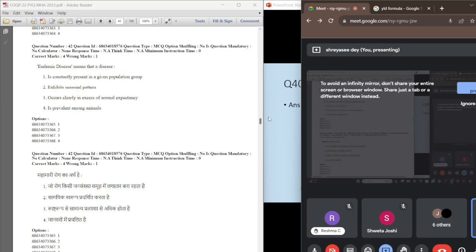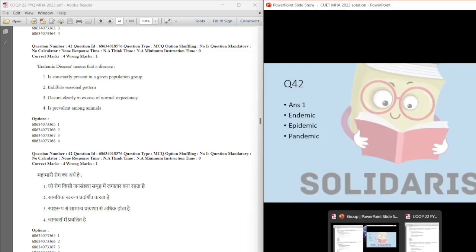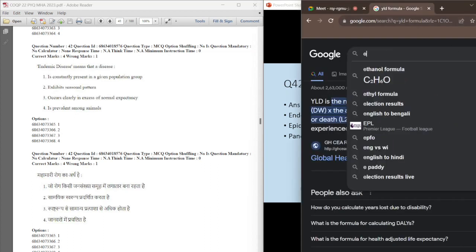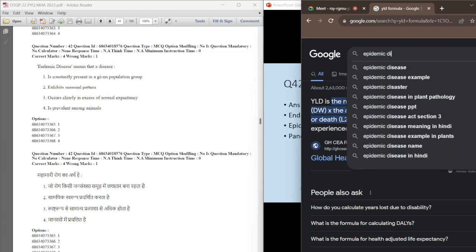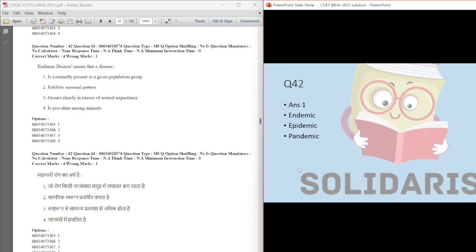We have just got out of a pandemic. Okay, epidemic, I really need to search Google for the proper definition. If you guys have any objection about the solution, you can also tell me. Yeah, epidemic is when one particular area has an unexpected increase in the number of cases of a disease. Like India doesn't have polio right now. Suppose suddenly a lot of polio breaks out, that is an epidemic.